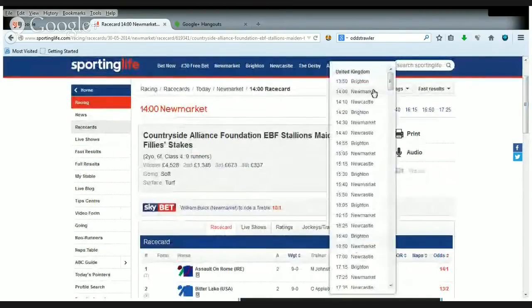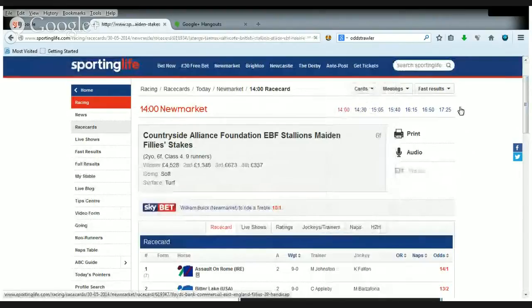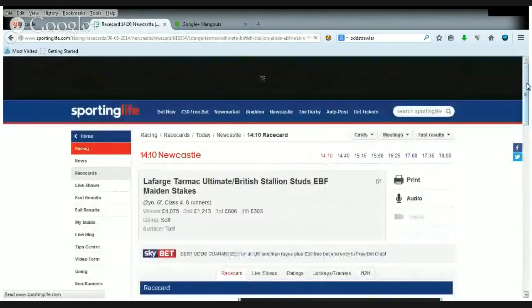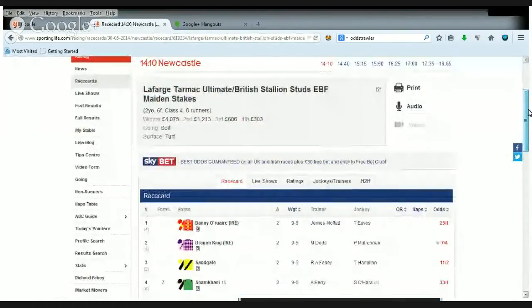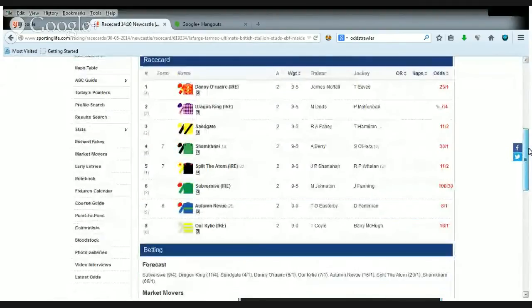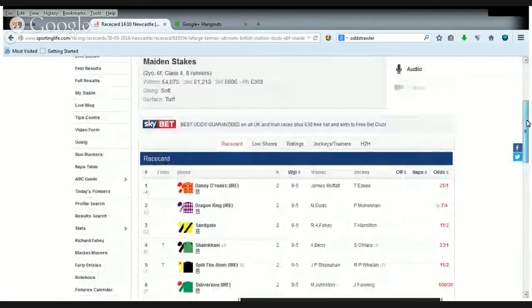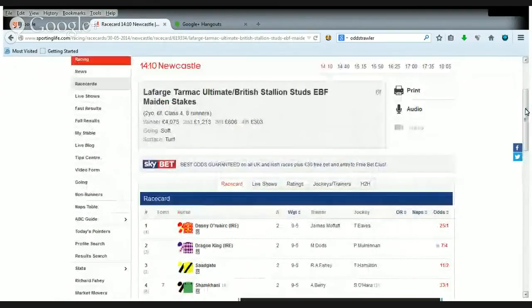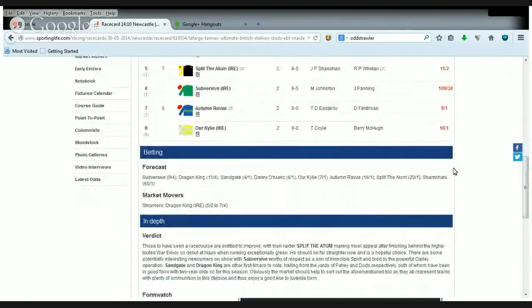Okay, we are now at 2:10 Newcastle. We have 8 runners. Look at the paper, 2:10 Newcastle, and look at the forecast at the bottom.